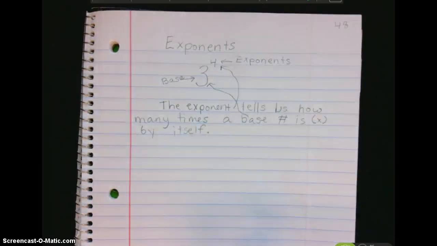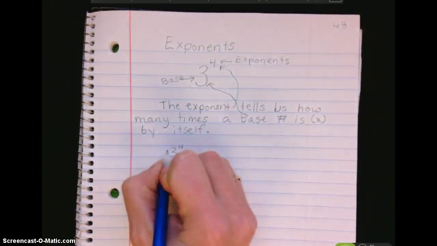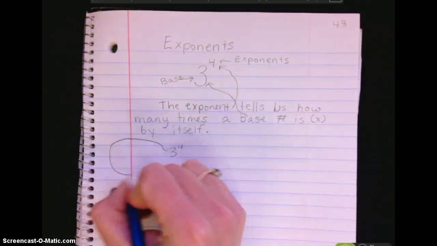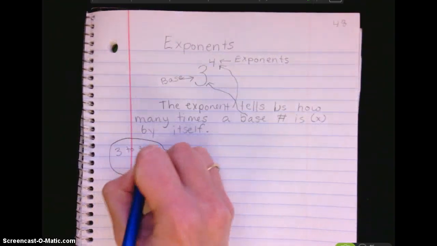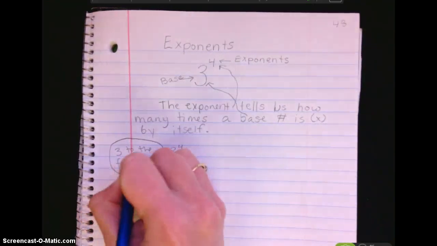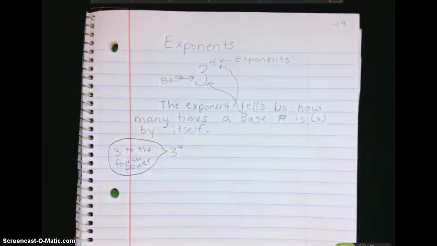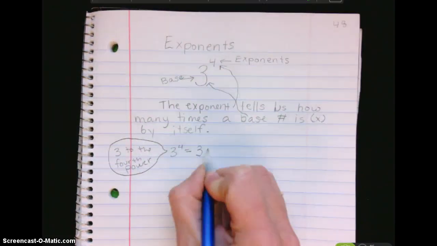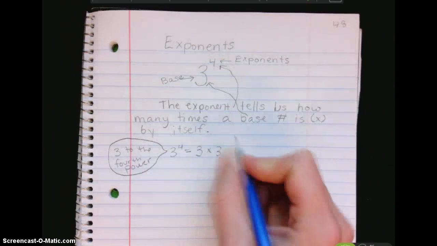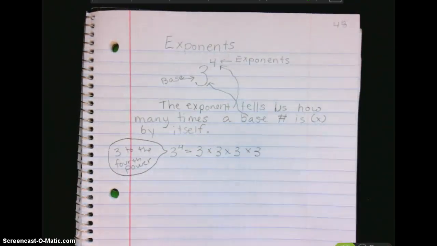So 3 to the 4th power, and let's do a little speech bubble over here that shows us how to read this. 3 to the 4th power really equals 3 times 3 times 3 times 3.